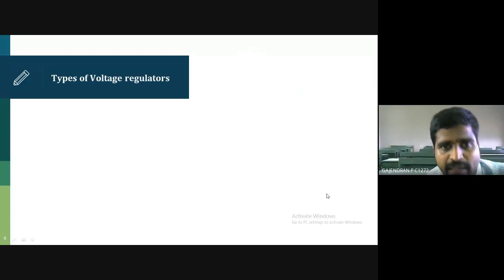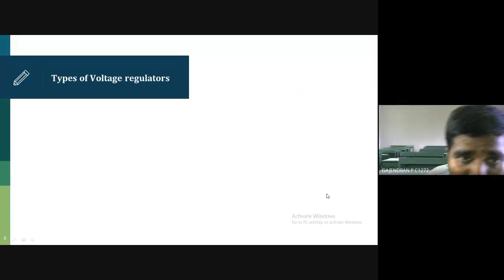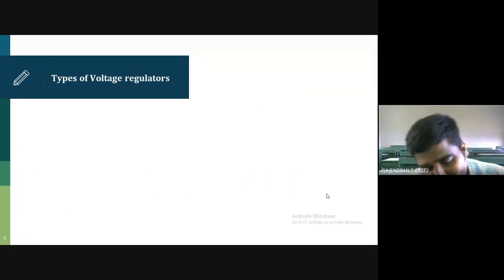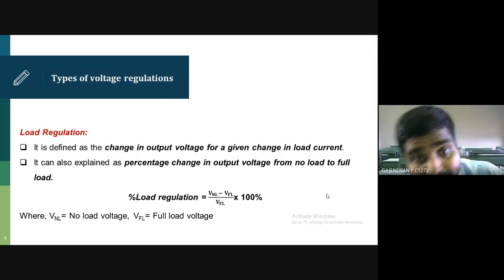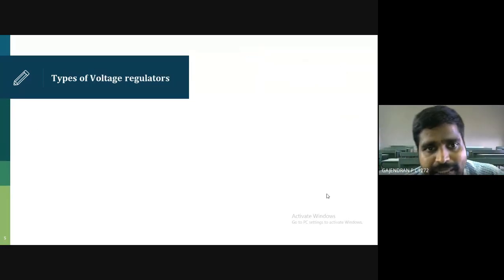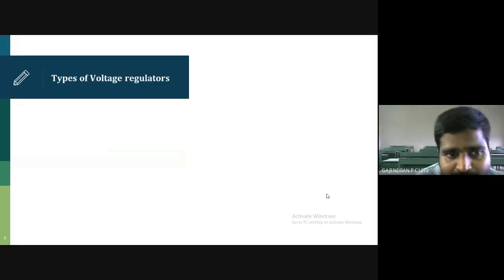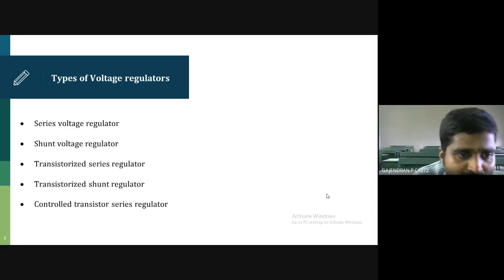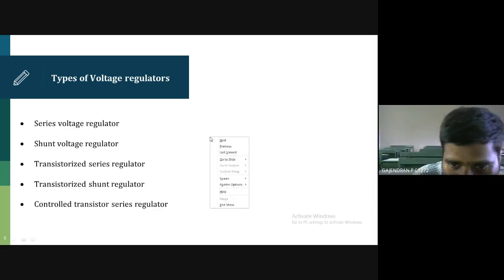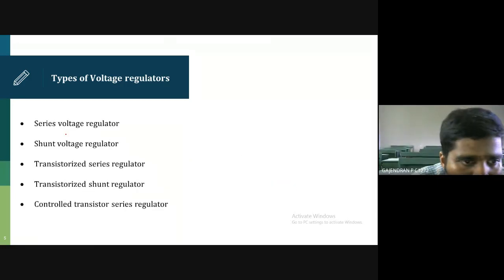Now, types of voltage regulators. We have seen the types of voltage regulation. Types of voltage regulators, based on the hardware circuit, let us see how many types there are. The very first one is the series voltage regulator. The second one is the shunt voltage regulator.